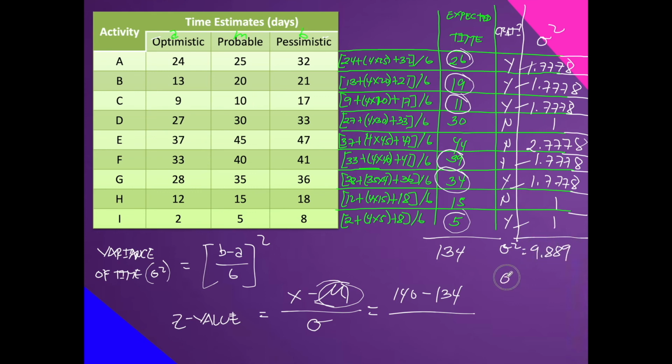The variance is equal to our standard deviation squared, so just take the square root to get the standard deviation. Taking the square root, that will be 3.1447. This will be our denominator. If you perform this simple calculation, it gives us 1.91.